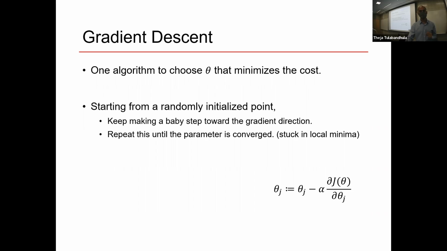For each theta, the step is going to be whatever the current theta value is, because we initialize, so we'll always have a current theta value. From that theta value, you subtract a small quantity. That quantity is the partial derivative of the loss with respect to that theta j parameter.